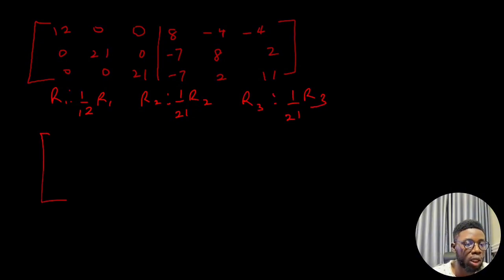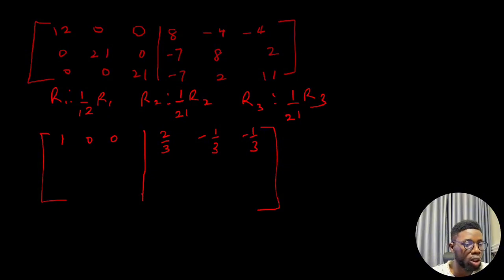So if I do that, I'll get 1, 0, 0. Now 8, so that will be 1 over 12 multiplied by 8. And that will definitely be 2 over 3. Negative 4 divided by 12, that will be negative 1 over 3. And since this is negative 4 as well, so that will be negative 1 over 3.